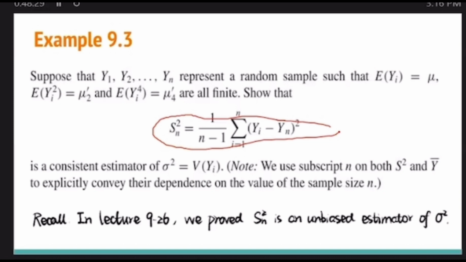If I have 1,000 investigators, I will have 1,000 values for variance, and I find the variance of that. Then I investigate the variance as n tends to infinity. I expect the variance to tend to 0. And that is what consistency is talking about.